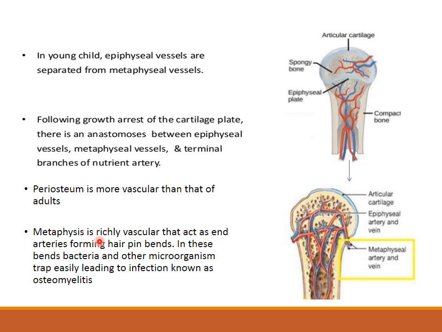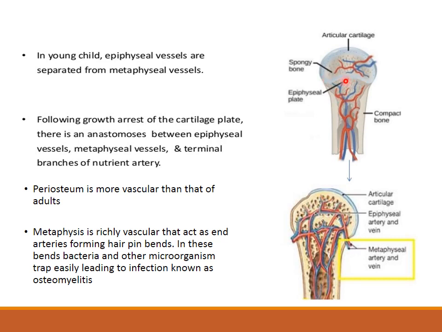It is richly vascularized, having lots and lots of blood vessels which are going to enter into the metaphysis, that is very prominent. But then they are going to make up the hairpin bends because of the presence of this epiphyseal cartilage. Their ends, they are going to bend.